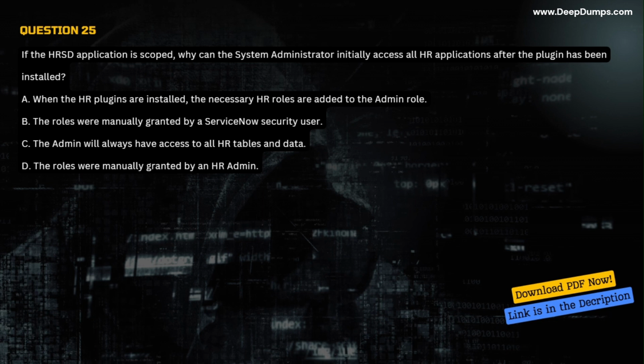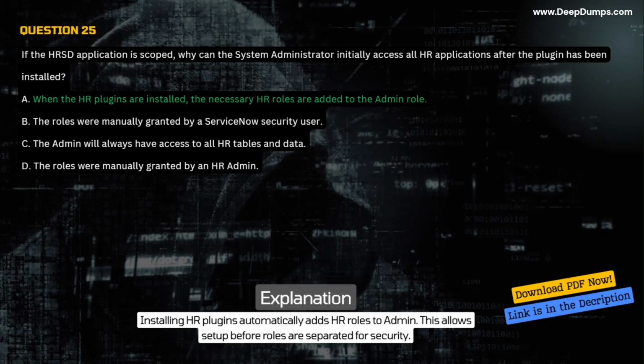C. The admin will always have access to all HR tables and data. D. The roles were manually granted by an HR admin. Correct answer A. When the HR plugins are installed, the necessary HR roles are added to the admin role. Explanation. Installing HR plugins automatically adds HR roles to admin. This allows setup before roles are separated for security.